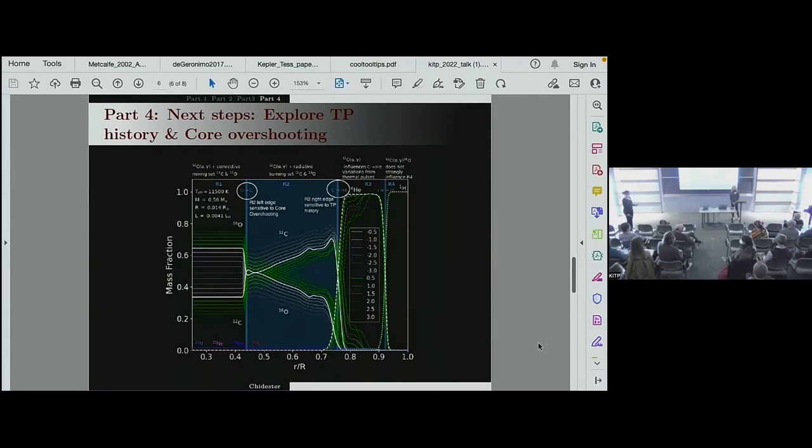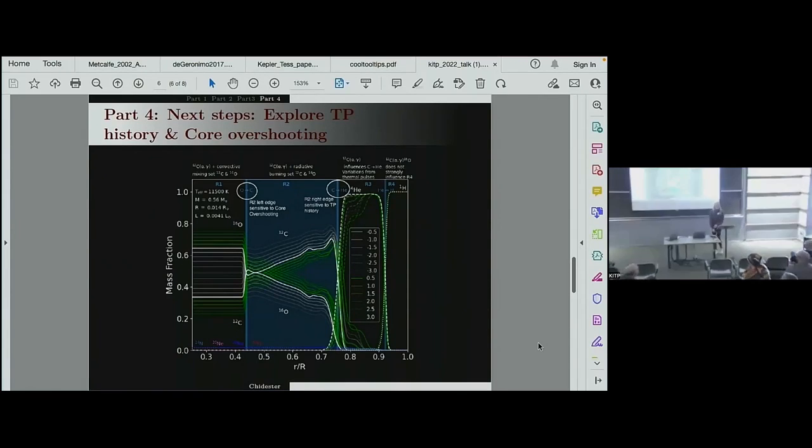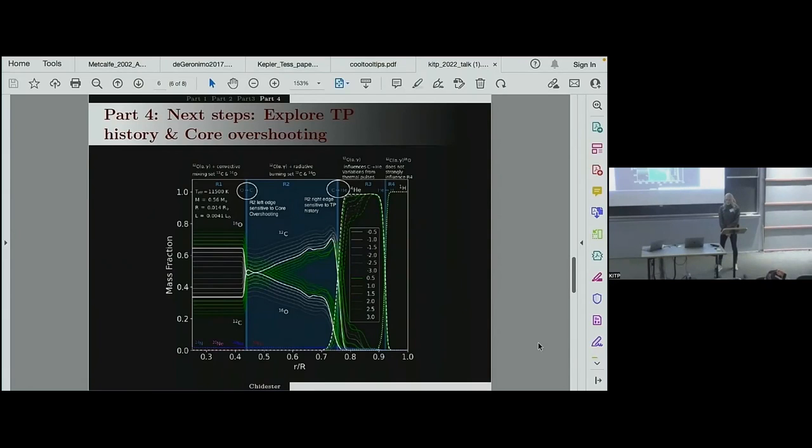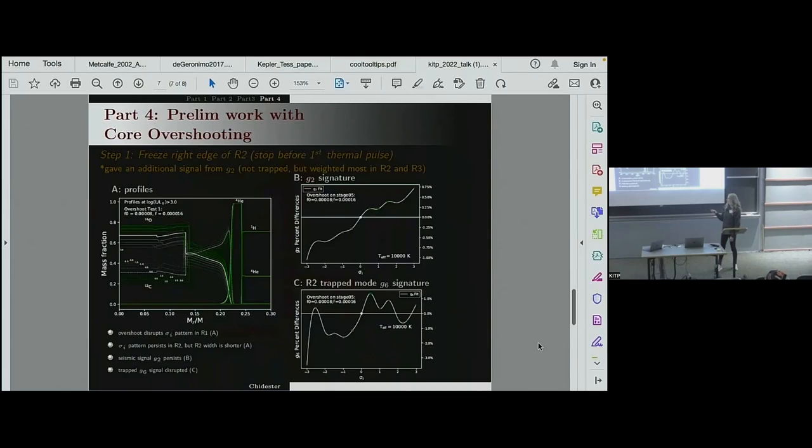Right, that is an excellent question. And that's kind of what's in the works. So with our little bit of overshooting, I don't know if this is clear, but that left edge did get pushed further out, which makes this R2 region a little bit shorter. R2 is definitely still there, but it's just shorter.